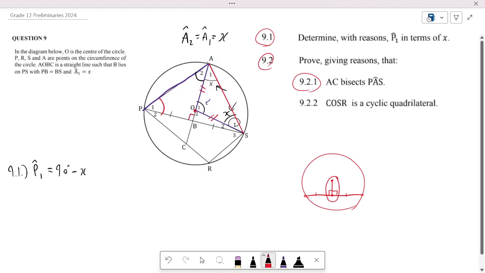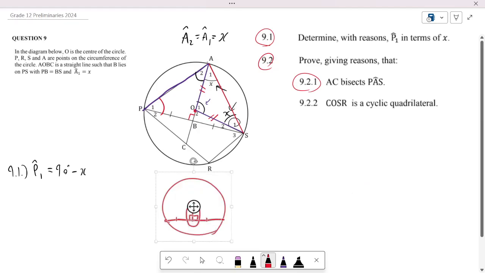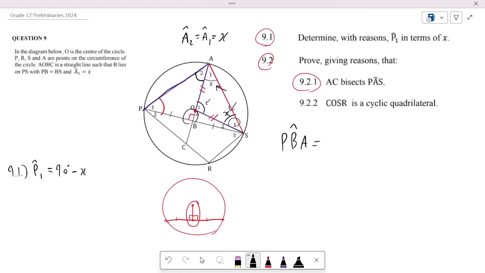But let's say this in words, right? So I'm going to move this here, and we're going to say that PBA is equal to 90 degrees, because the reason why we're choosing PBA is that we have the most information. We want to prove that A2 is going to be x, and we know that this is going to be 90 degrees minus x, right?